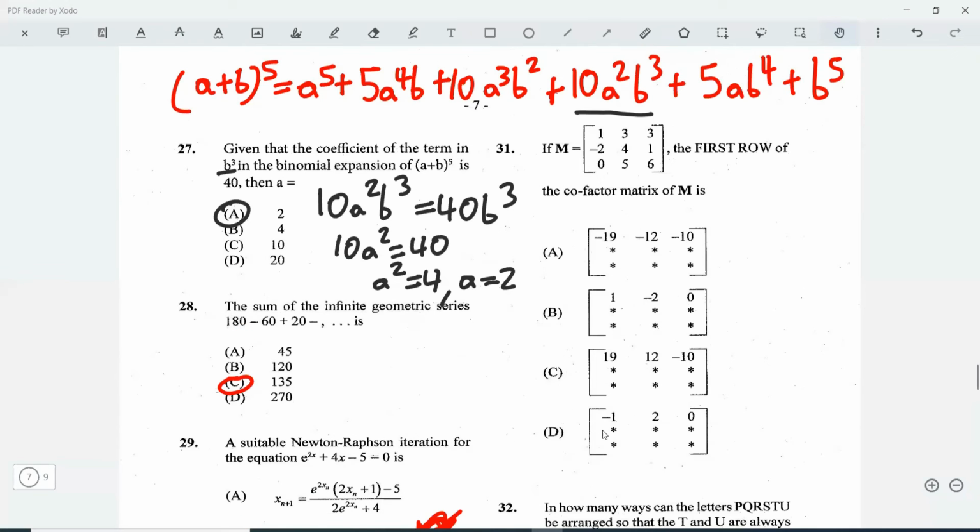Question 31, it gives us this matrix here. If M is this matrix, the first row of the cofactor matrix of M is, so we need to find the cofactor matrix of M for the first row. So all we need to consider is, remember what is M?